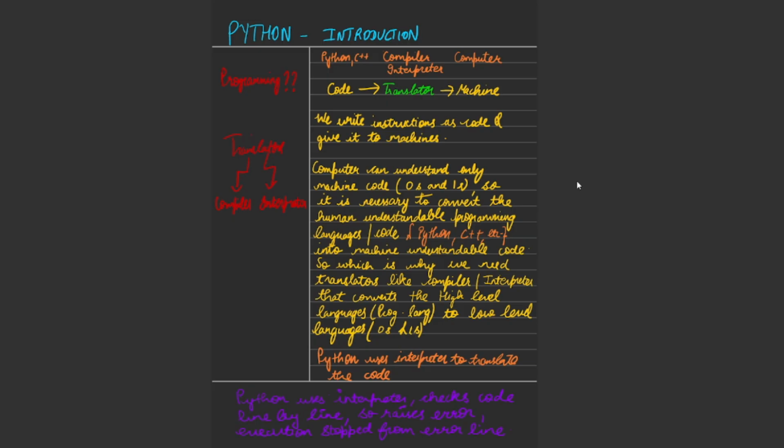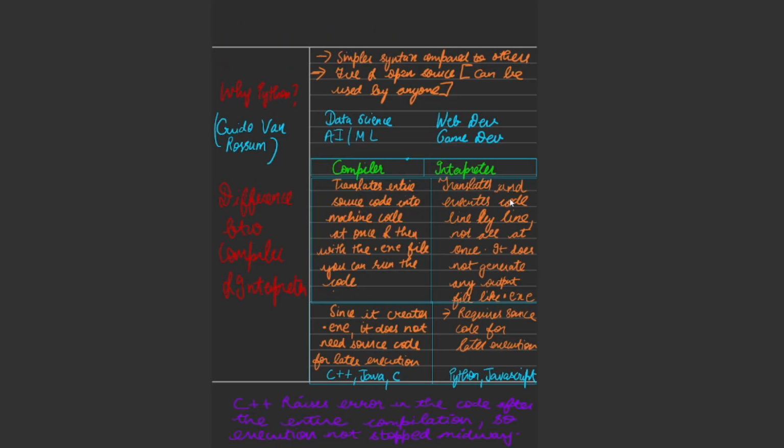There are two types of translators we can see: compiler and interpreter. Python is an interpreter based language. Compiler is used by C++, Java, etc. We need to know the difference between compiler and interpreter first to understand the basics of programming. A compiler translates the whole program at once and then creates one .exe executable file.